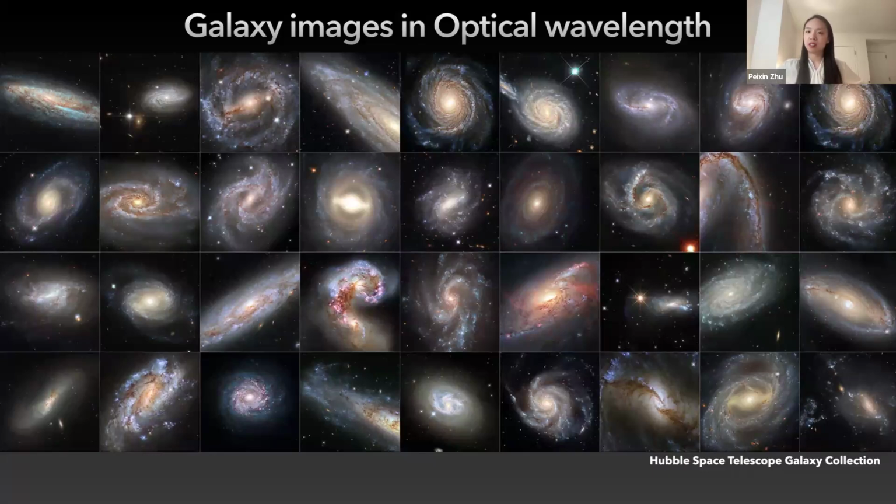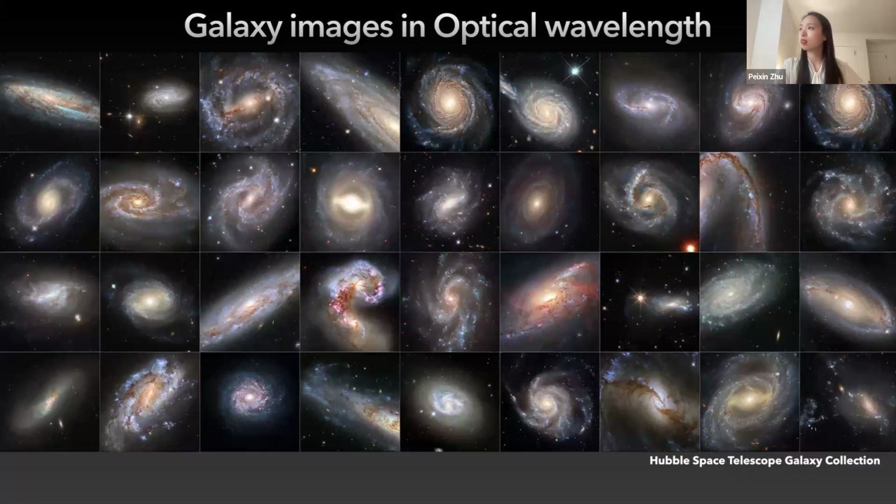At that time when this image came out, as you can see in this picture, all these galaxies have all kinds of structures, but the common part is that they have a disk.